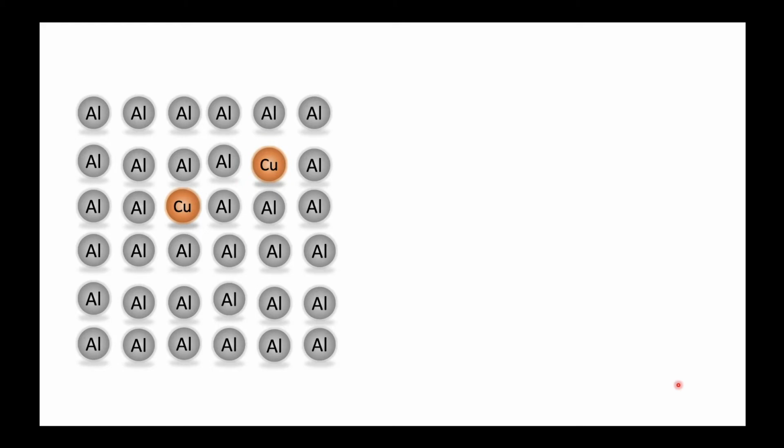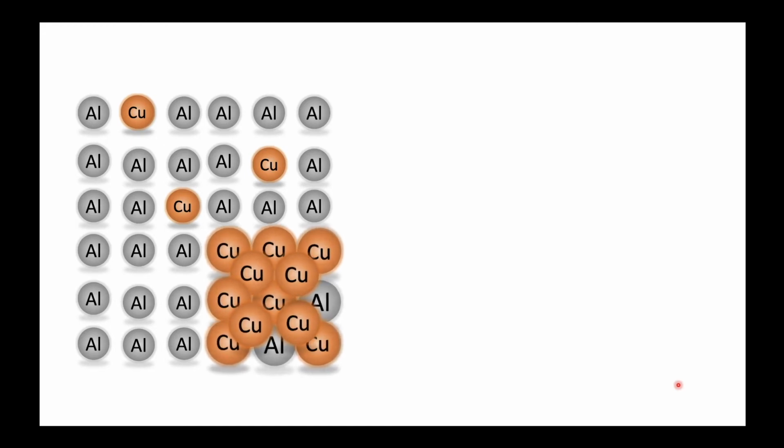Now more copper starts coming in, and since you're happy, you can still accommodate more copper. As this happens, more and more copper starts coming in. But let's say now the copper amount is exceeding, and you, as a phase, are becoming somewhat irritated. So you say, okay, let's do something. The next coppers which are coming, you form a phase which is slightly different from your aluminum phase because they have a different structure, maybe different distances.